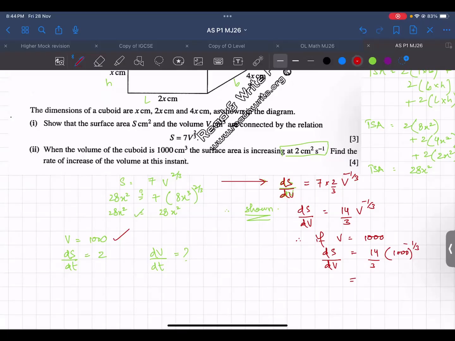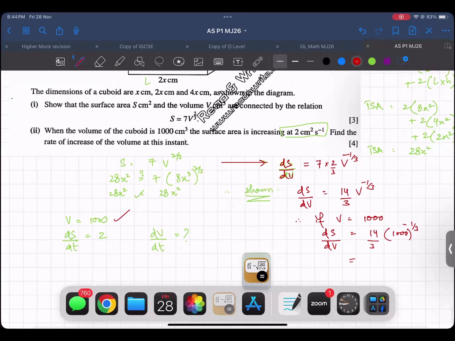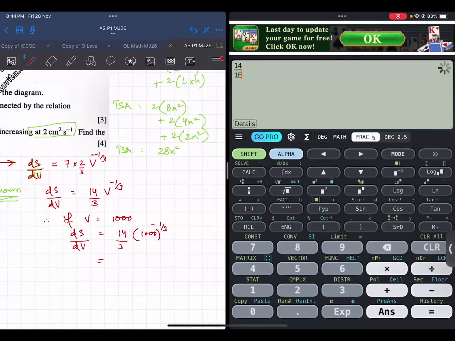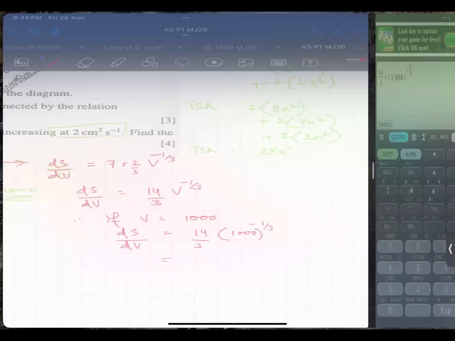So 14 upon 30, which is 7 upon 15. Okay, so they have simplified it as well. 7 upon 15.